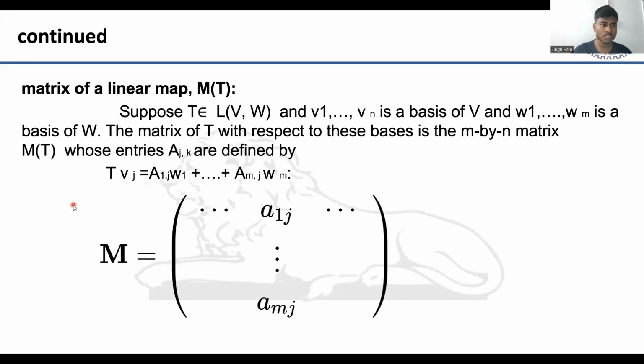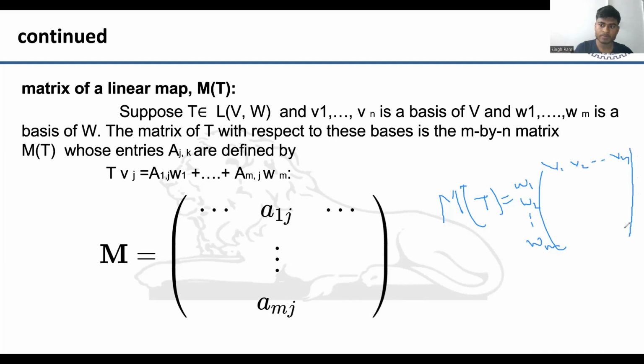Here we can understand better by writing it again. Our matrix for the transformation T will be like this: here we can put the basis vectors for the vector space W, w1, w2 up to wm, and across the top v1, v2 up to vn.